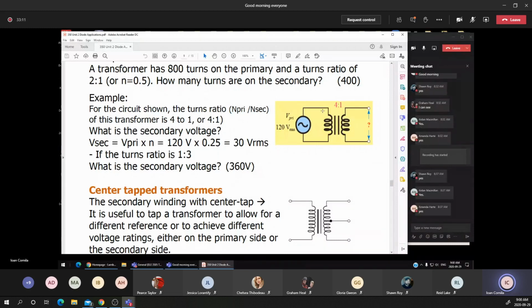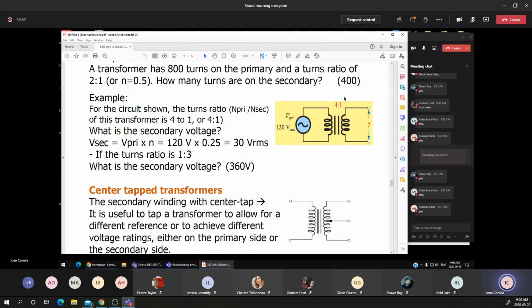Let's reverse this number. Suppose that I have a transformer that is 1:4. 1:4 means that for a single turn in the primary, I have 4 turns in the secondary. The 4:1 is a step-down transformer. The 1:4 is a step-up transformer.